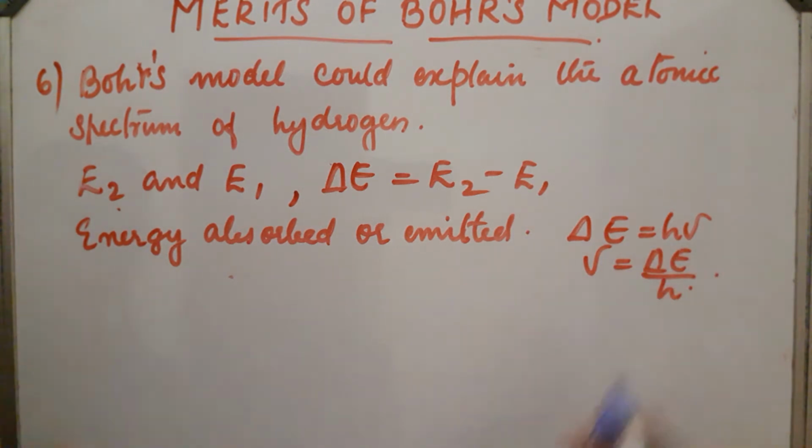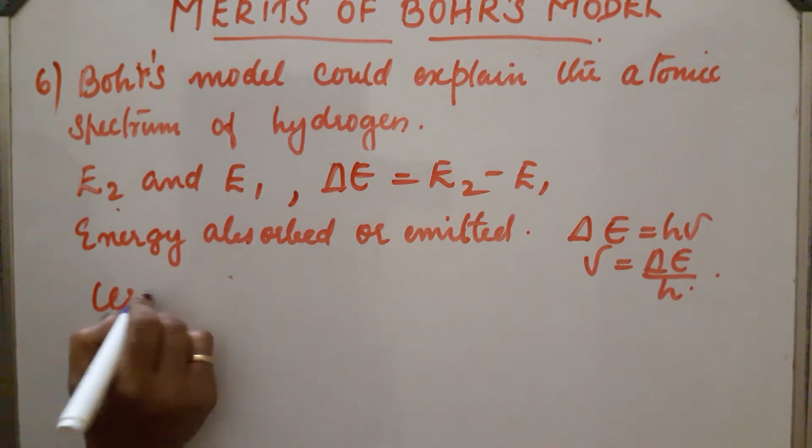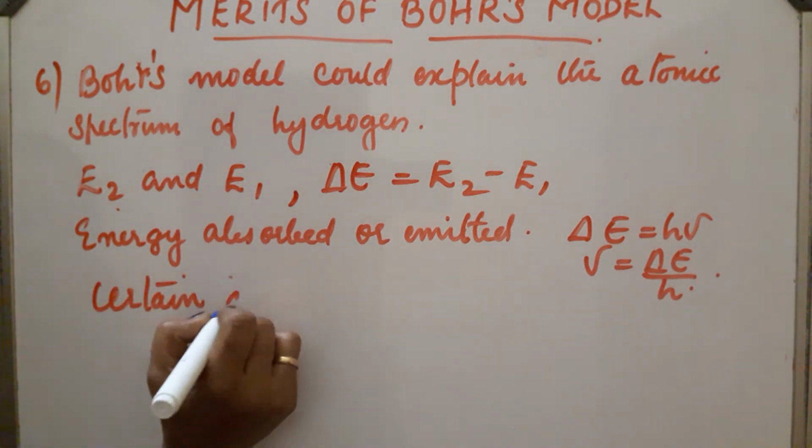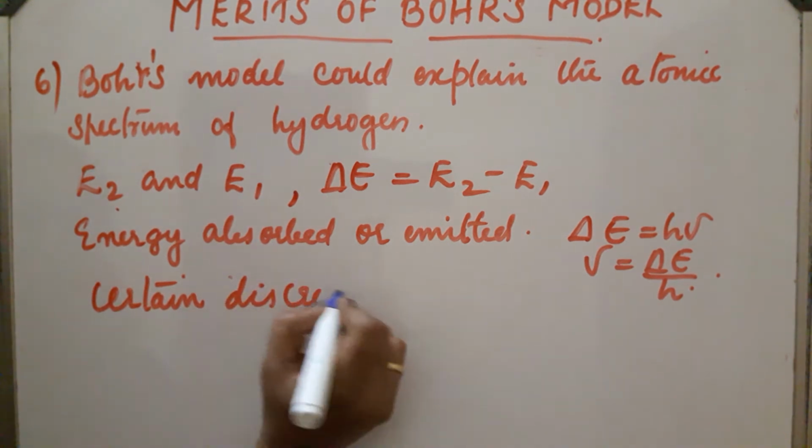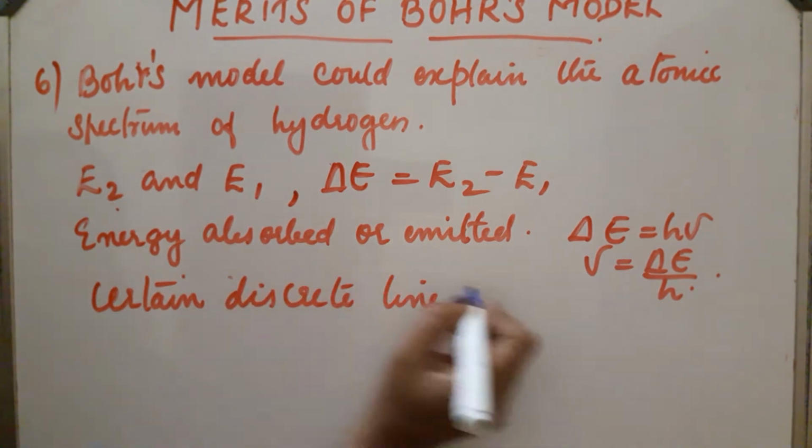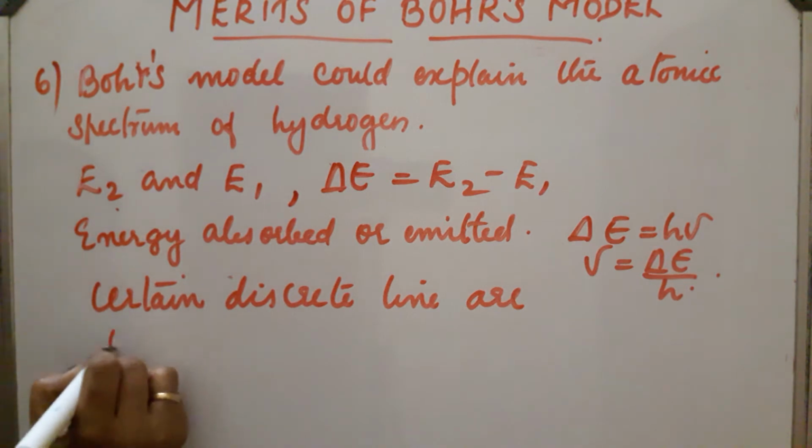h is a constant value, so nu also has a definite value. For a particular radiation, nu is fixed. This means that different radiations are absorbed or emitted with a fixed nu value. This explains why certain discrete lines are obtained in the hydrogen spectrum.